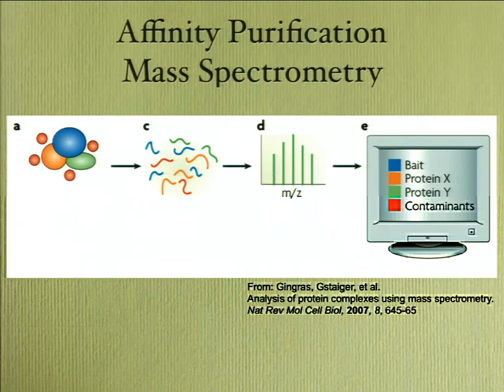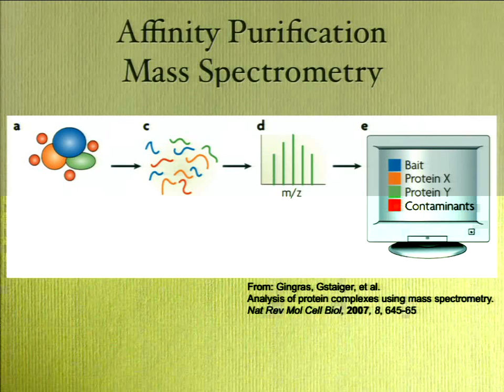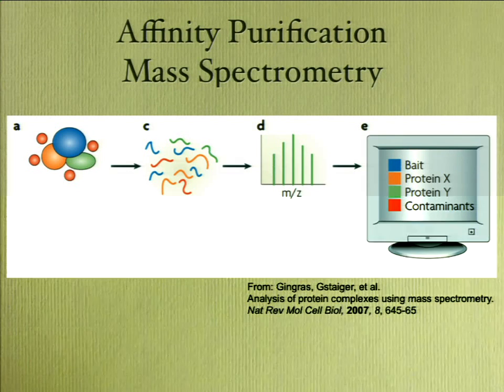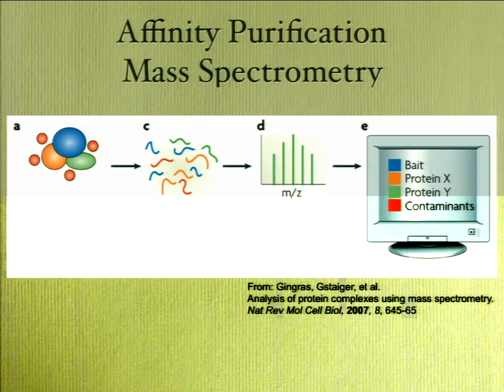Let's look at the other large-scale assay, and that would be affinity purification mass spec. A protein complex is isolated and exposed to a digest. You take all the peptides and run them through the black box. You end up with some mass charge spectra, and then you submit that to a database, and it comes back with the proteins that are the components of this particular complex.